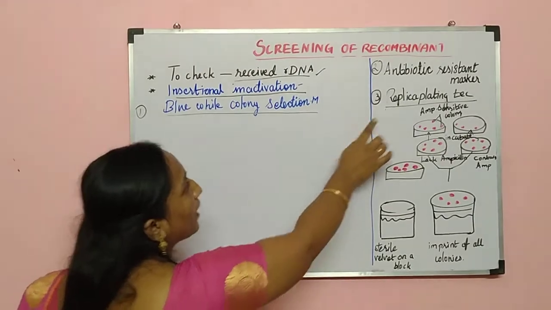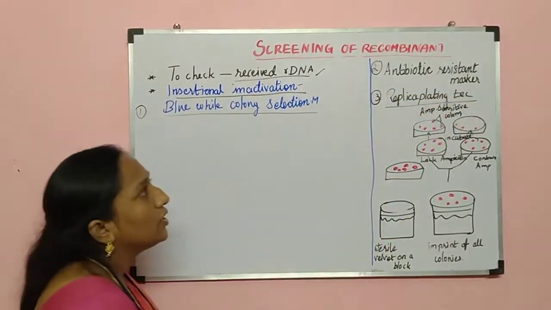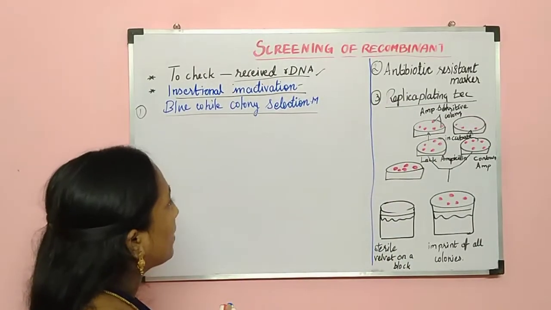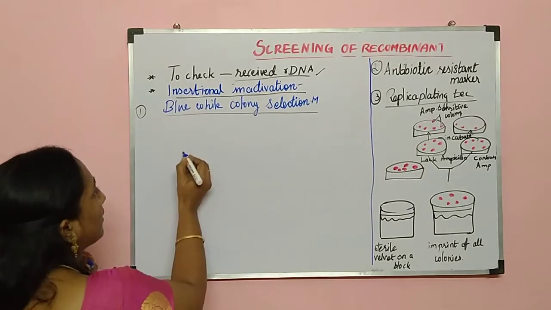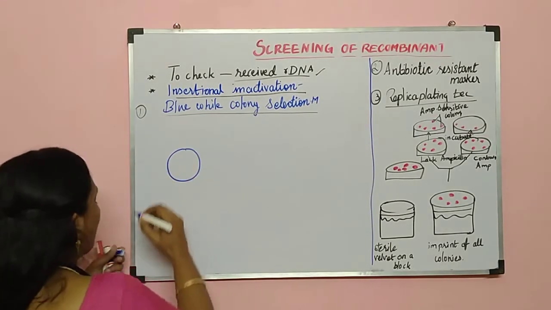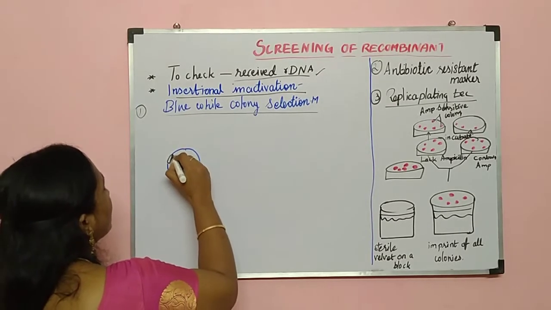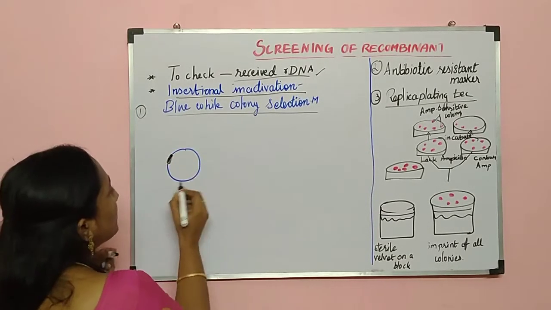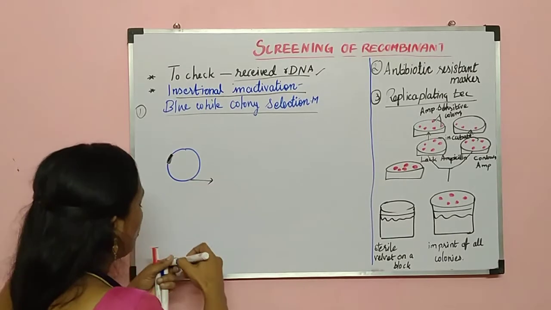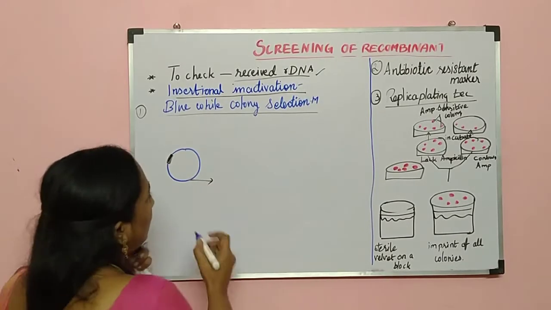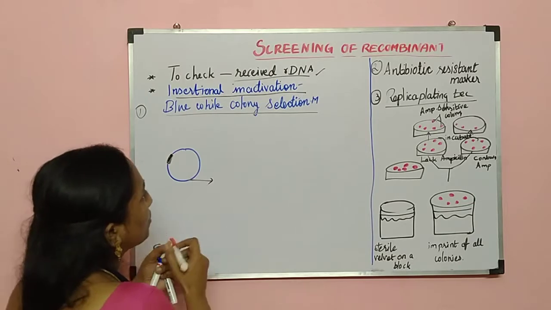See, the second method is the antibiotic resistant marker. So what is an antibiotic resistant marker? We have taken the plasmid, which has the ampicillin resistance site. This DNA is allowed to grow in a colony in a petri dish.